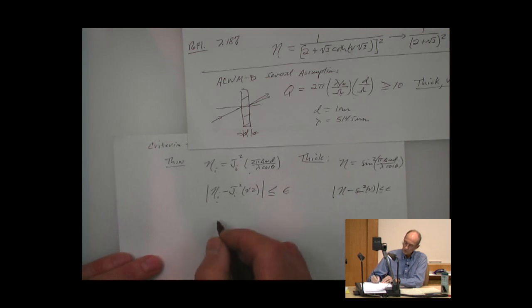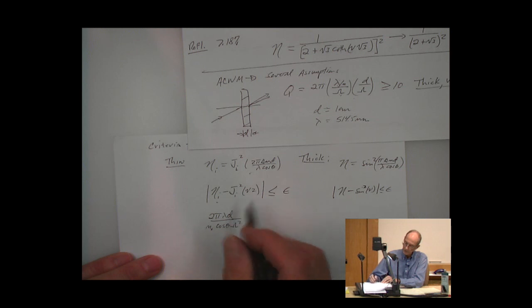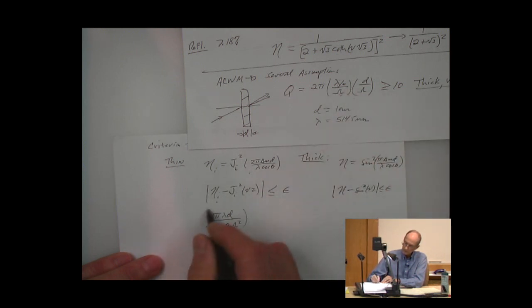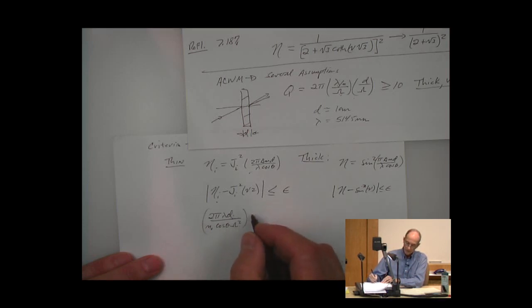So what they found was that for the thin grating, if we have the product of 2 pi lambda d over n0 cosine theta lambda squared, which is somewhat similar to what we had for the Kogelnik case, right? We have lambda over period and d over period, but then times the modulation that they had.